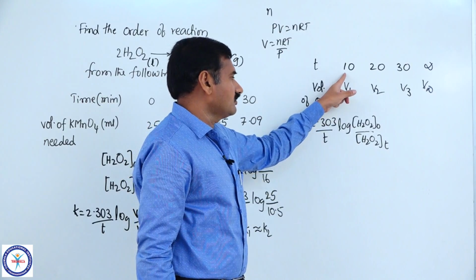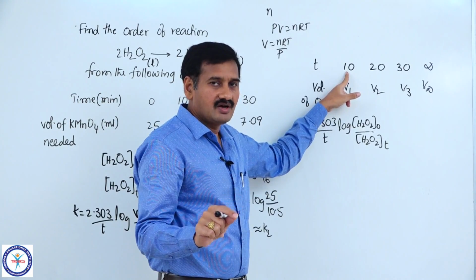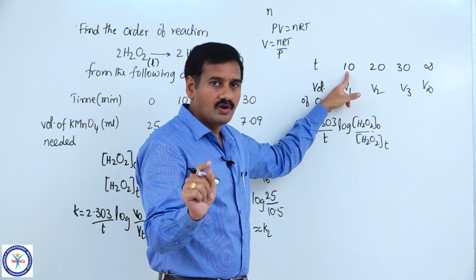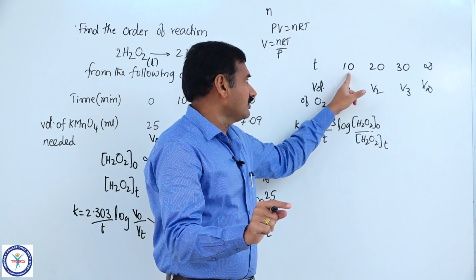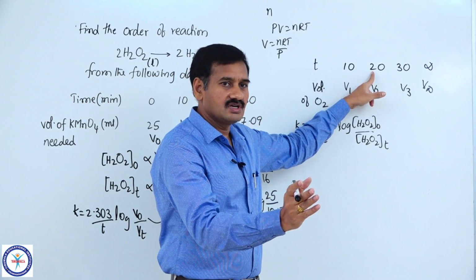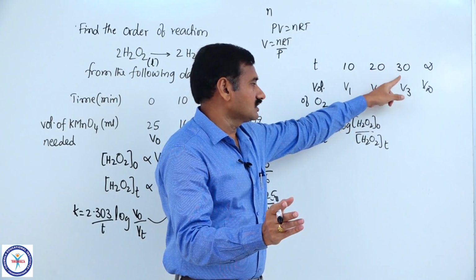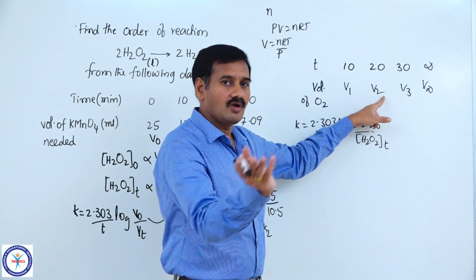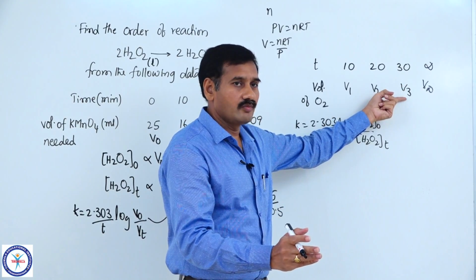At time t equal to 10 minutes, a lesser volume of oxygen will be there, because only a few molecules of H2O2 are dissociated. From 10 minutes to 20 minutes, some more molecules of H2O2 dissociated, so V2 will be greater than V1. From 20 minutes to 30 minutes, again some more molecules of H2O2 will be dissociated, more O2 will be produced.